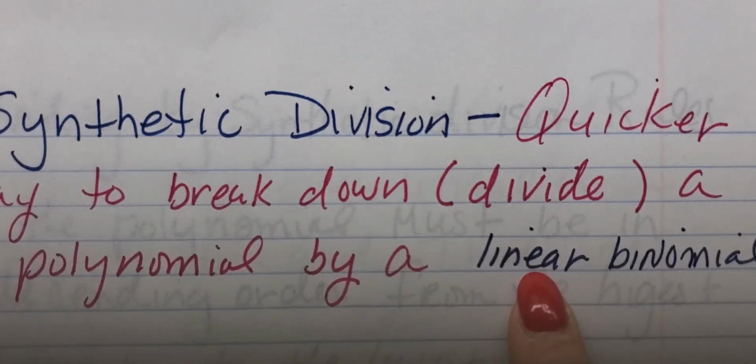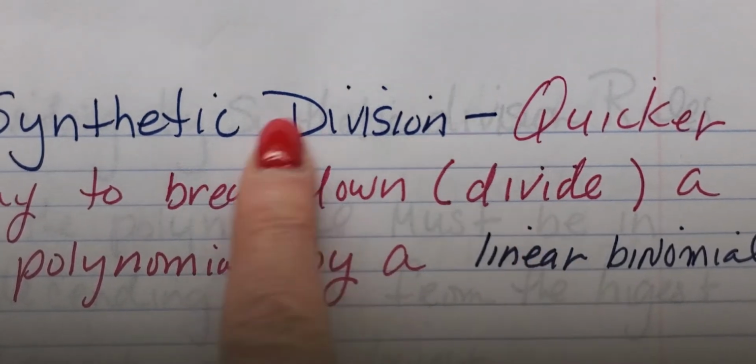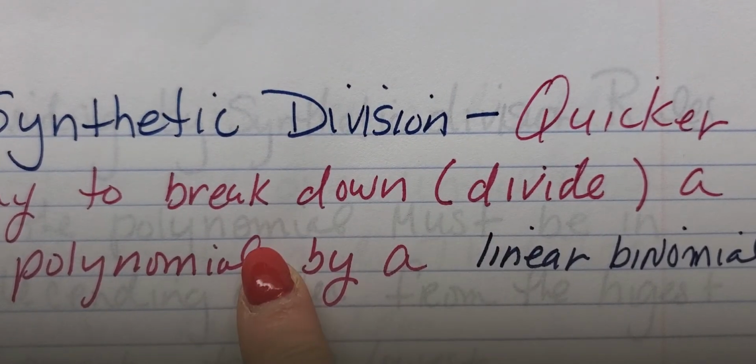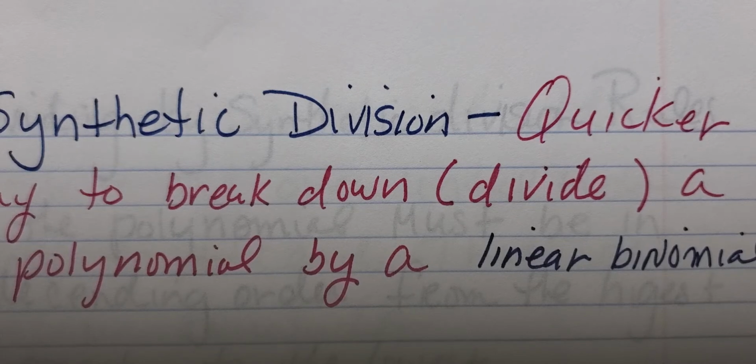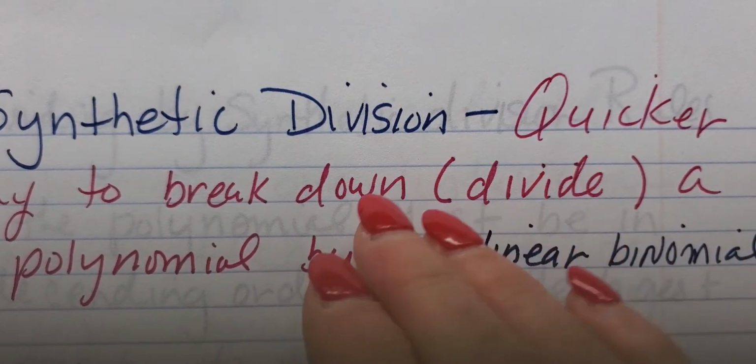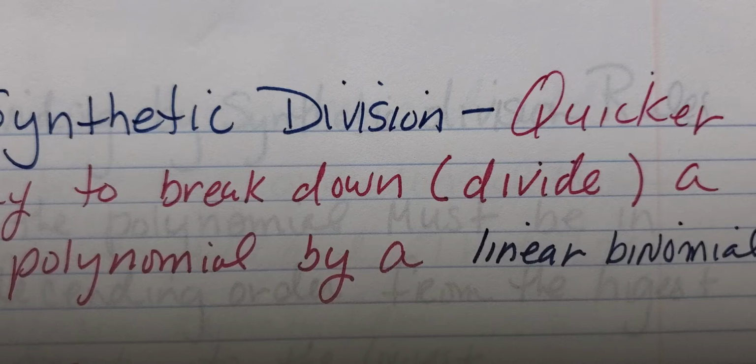I'll explain that in a second. But basically, synthetic division is a way of dividing that is faster than something we would normally do in an Algebra 2 class called long division. So I'm going to show you a quick way to take a polynomial and break it down.